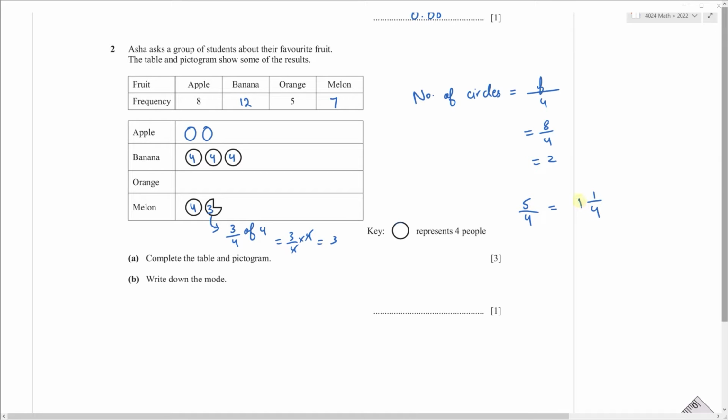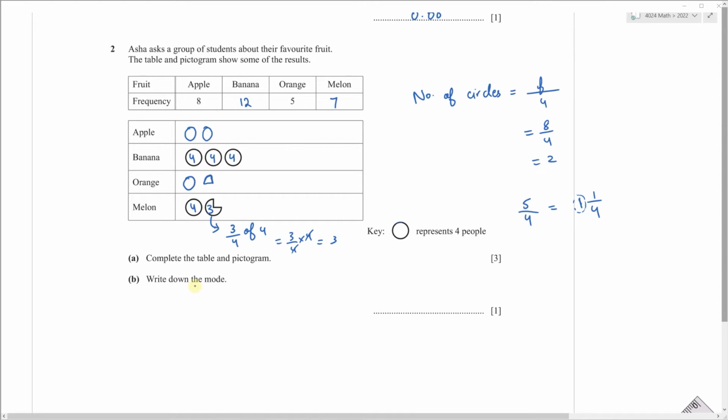So that means I have one full circle, and the other one is 1/4 of a circle. So 1/4 of a circle will look something like this. I will draw a quarter of a circle like this. So this will represent 4 people, and this represents 1 person. So 4 plus 1 will give you the frequency 5 for oranges.